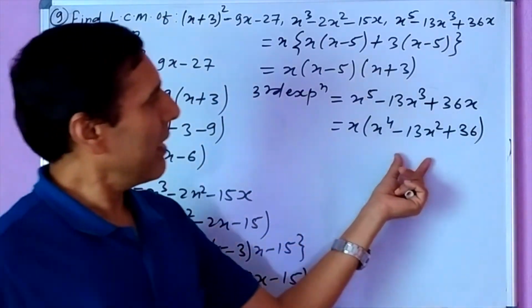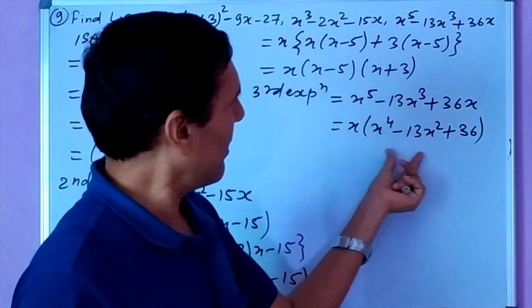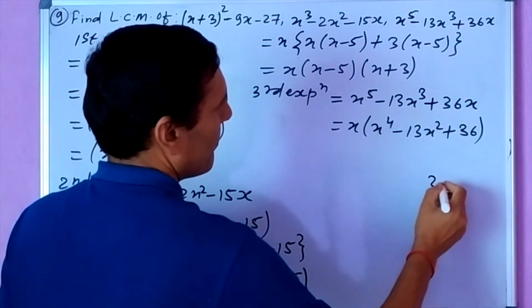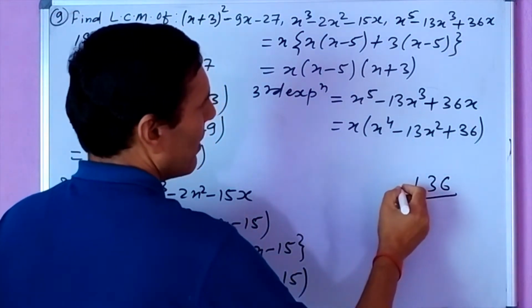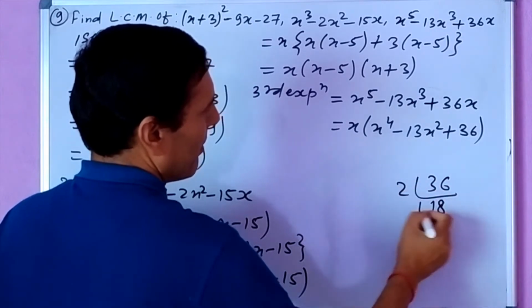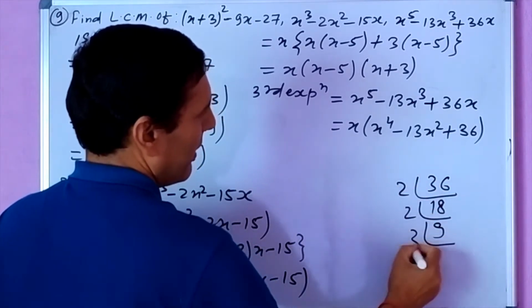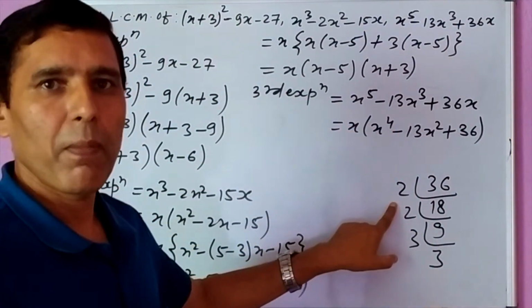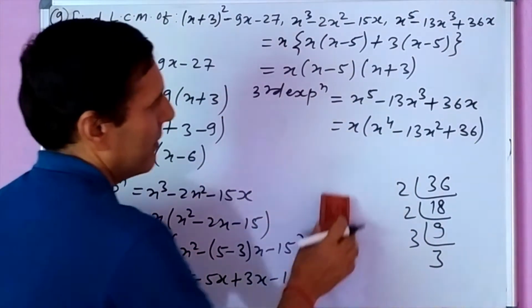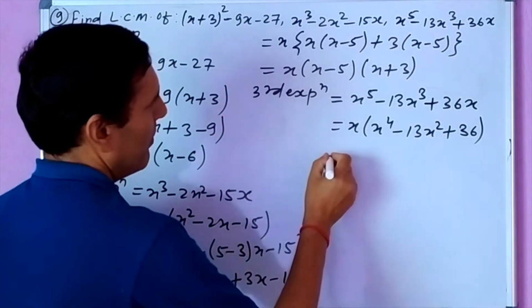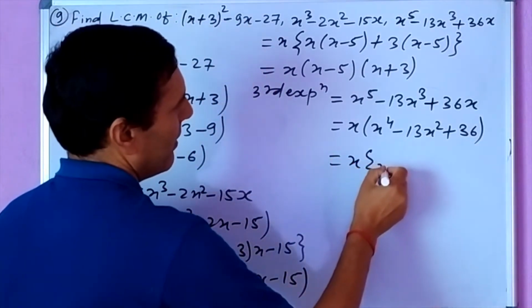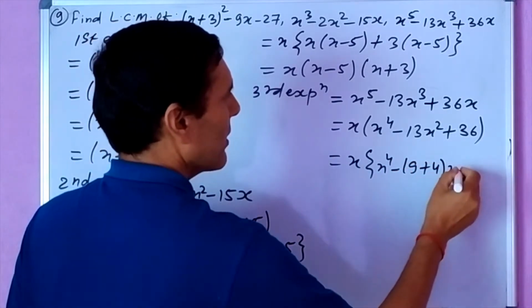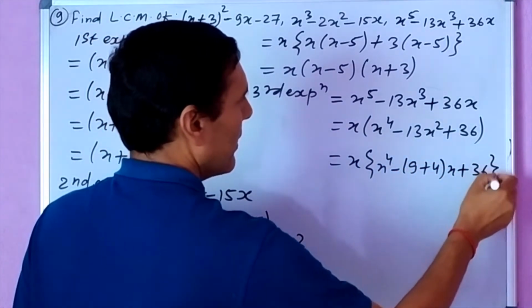This expression inside the bracket we can factorize by middle term factorization, because 36 divided by 2 is 18, divided by 2 is 9, 3 times. We have 13 here. So 9 plus 4 is 13. Therefore for this we can write x⁴ − (9 + 4)x² + 36.